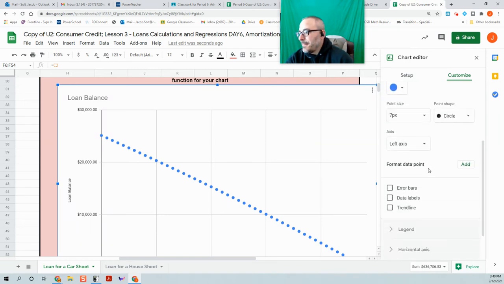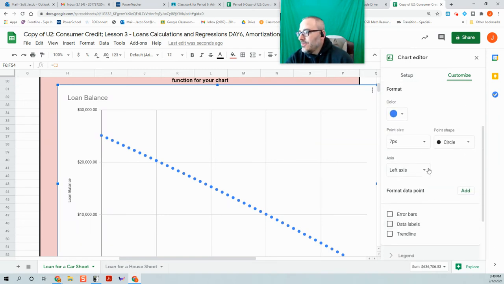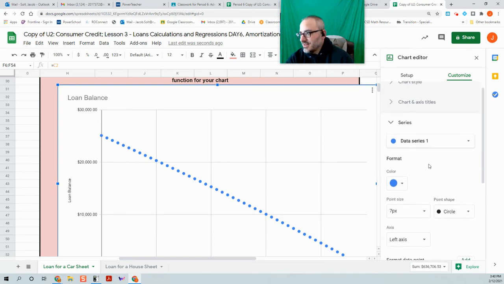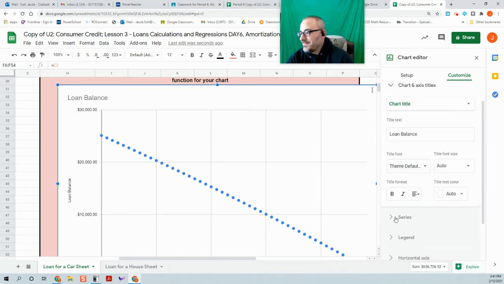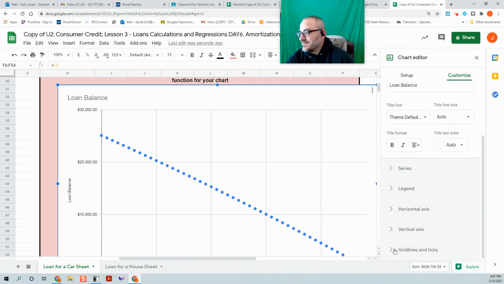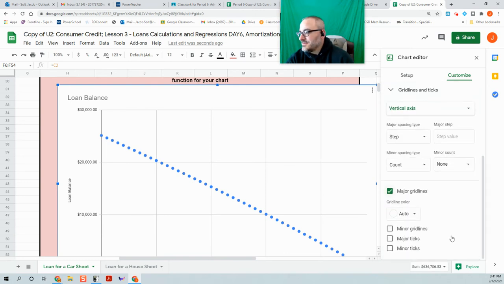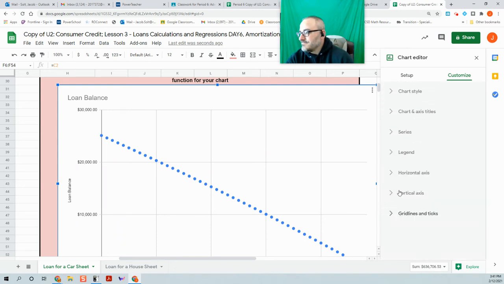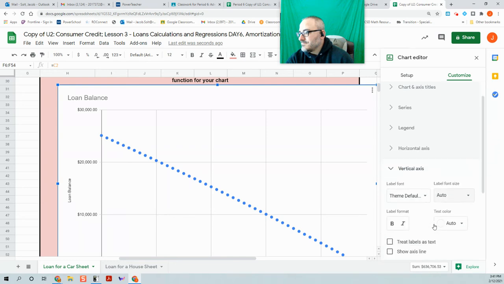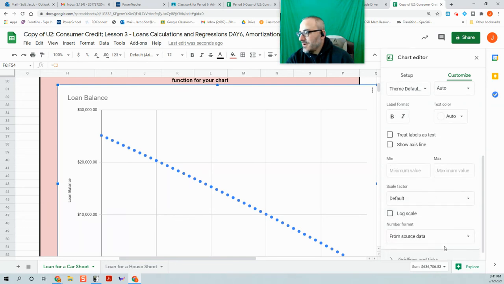Let me see. Where, oh, where is my regression settings? Nope. Nope. Nope. All right.